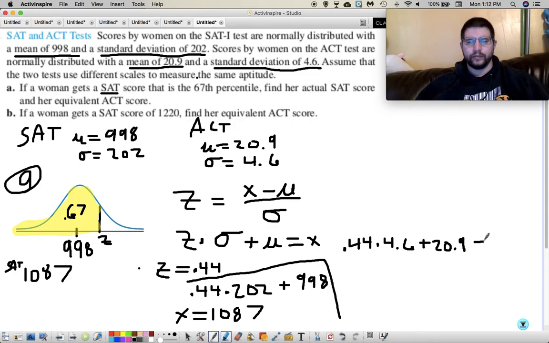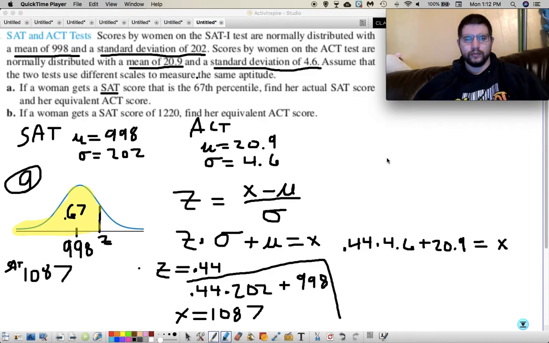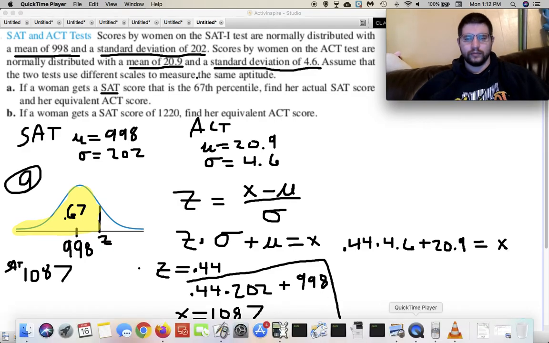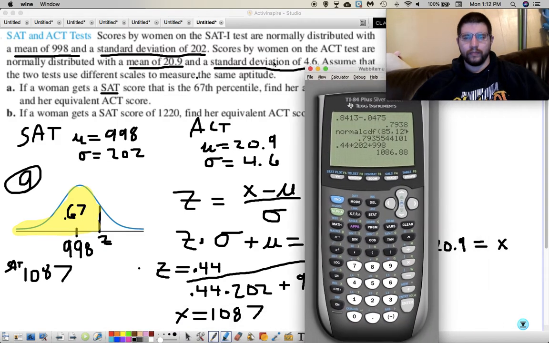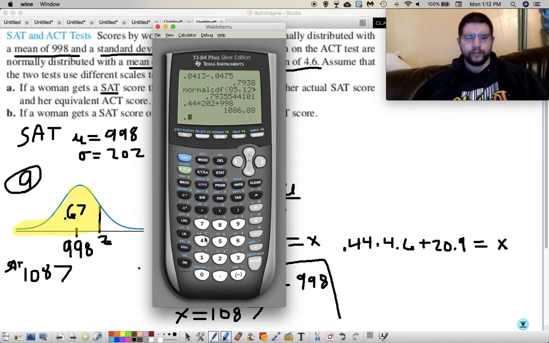That's going to give us our X value. And 22.74, so 23 on the ACT.